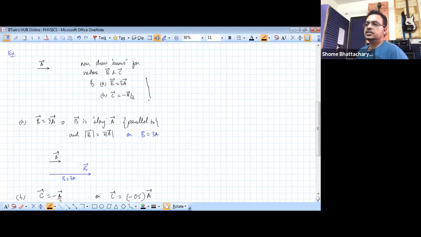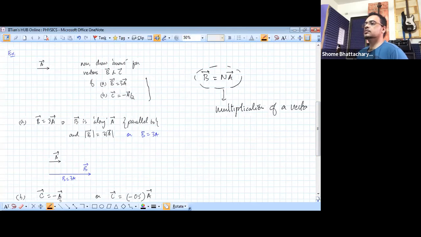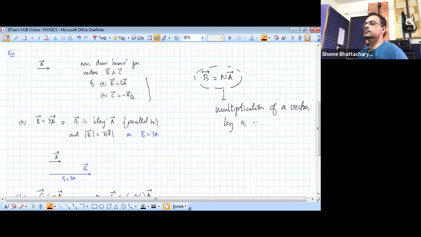So this process is basically something like this, that B is equal to some n into A. This is multiplication of a vector by a scalar. Okay. And of course, B is equal to n times A is as good as saying that A is equal to 1 by n times B, one and the same thing.